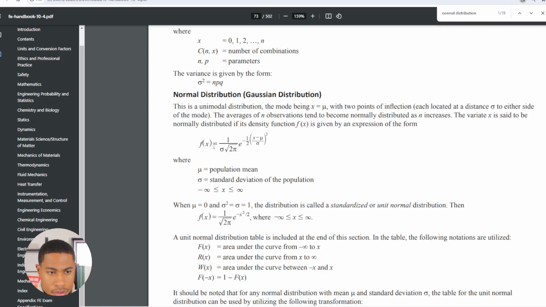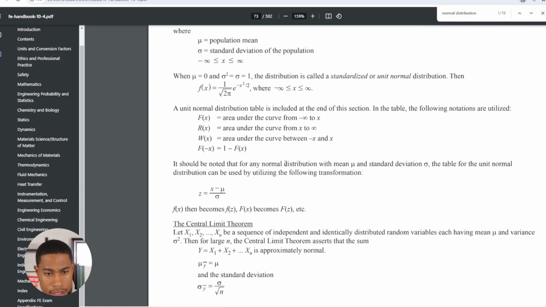And so other things that are involved with this is you should have your population mean, which is there. You have some standard deviation involved, and x, which is the value you're comparing it to. This should be the sample.